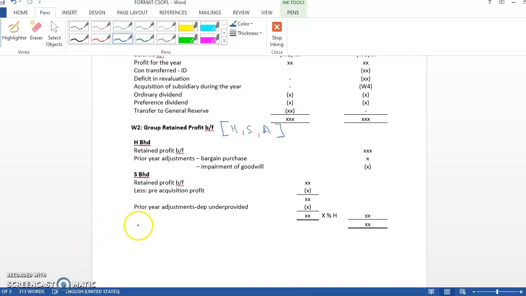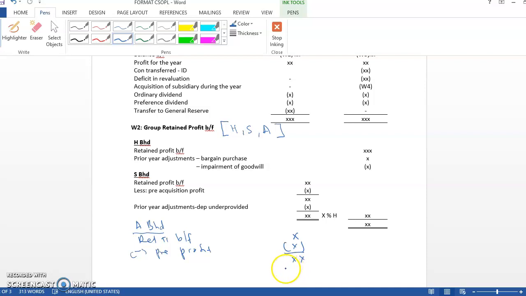So the computation is similar to subsidiary, whereby for example you have Asso, right? So you will take your retained profit brought forward for Asso, you less your pre-acquisition profit for Asso, and you will times with the percentage of acquisition.